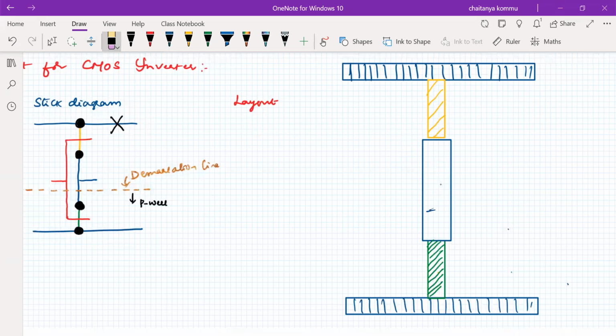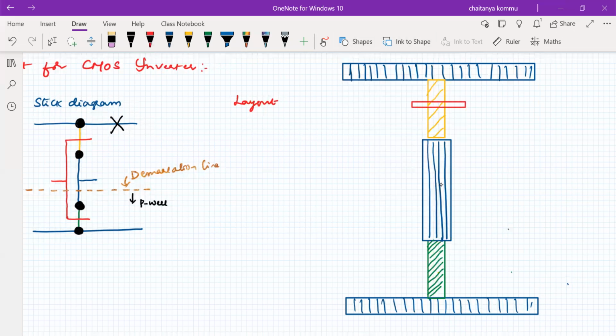Please wait. It's stuck somewhere. Okay, now. So we have to draw the lines here. Something like this. Okay, fine. So this line is required.